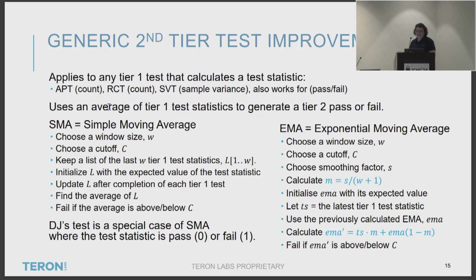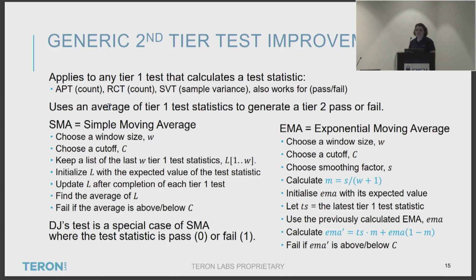So for the second tier, before we counted passes or fails, whereas in this improvement we're going to take an average of the tier 1 test statistic, and then we'll compare that average to a cutoff to then generate a tier 2 pass or fail.